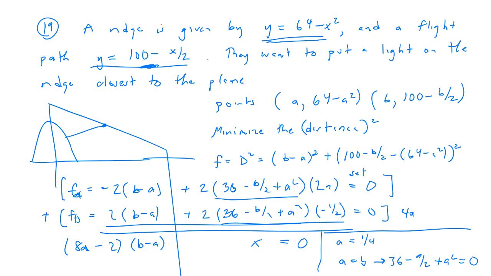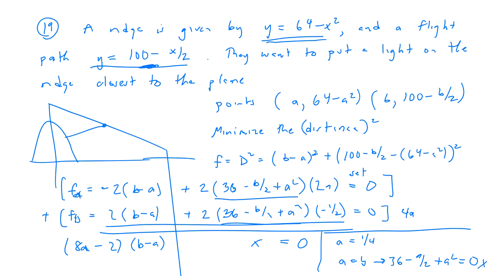So that's 36 minus a over 2 plus a squared. No, because if you look at the root, it's going to be the square root of b squared minus 4ac. Since a and c here are both positive and b is just 1/2, it's going to be negative. So it only has imaginary roots, so this is not it.